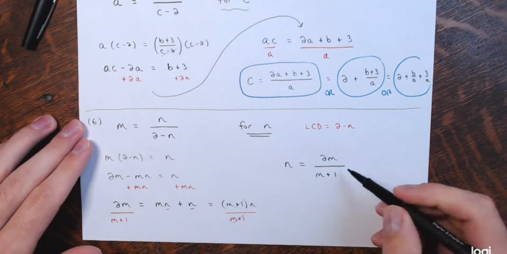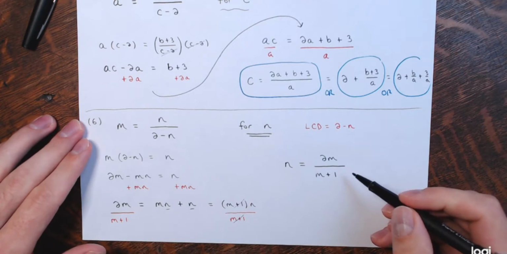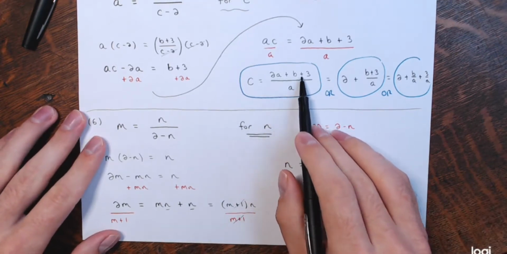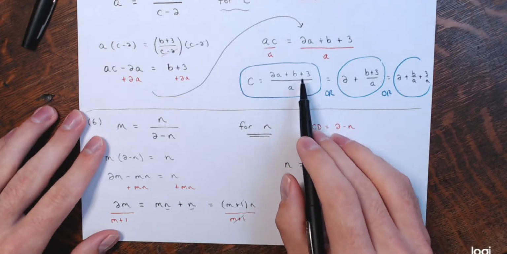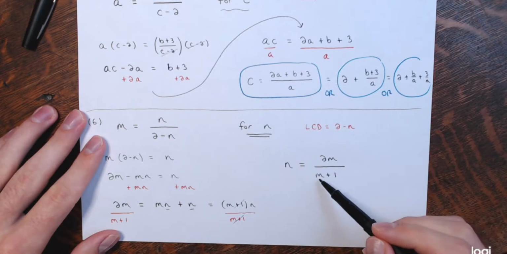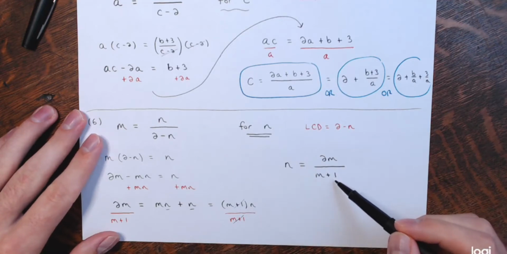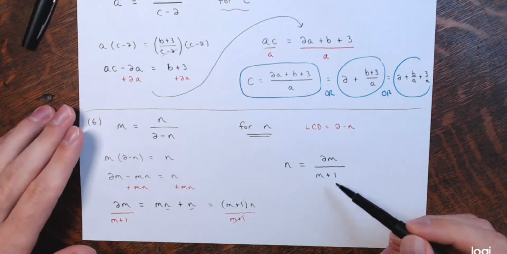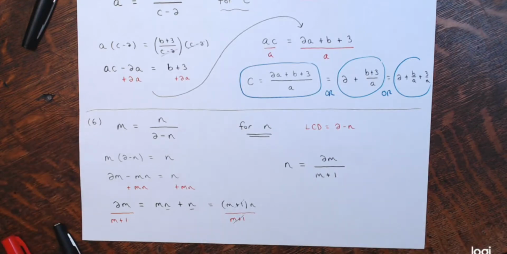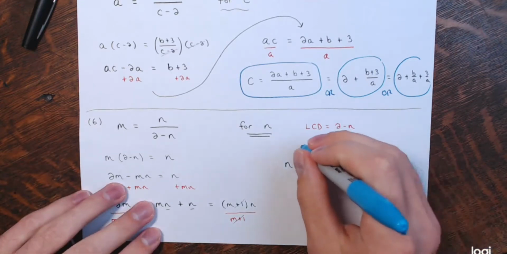And this can't be split up. Remember I said before, if the numerator has multiple terms, you can divide each term by the denominator. If the denominator has multiple terms, you can't do anything. This is as simple as that fraction gets. So there we go.